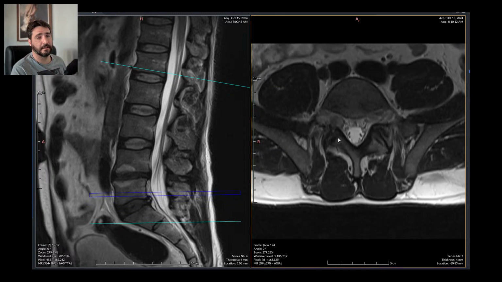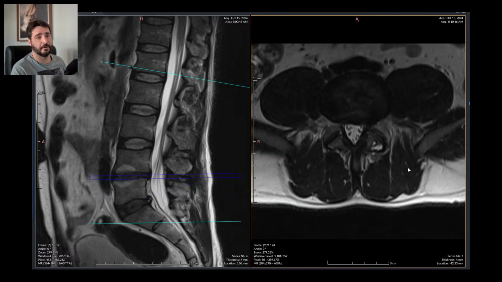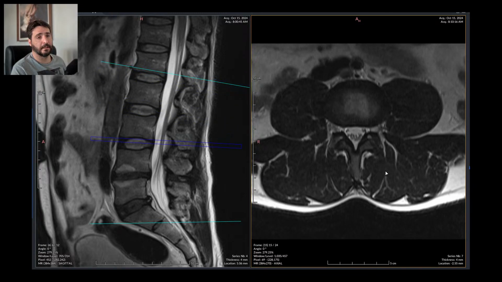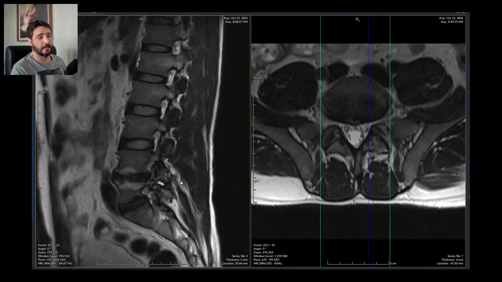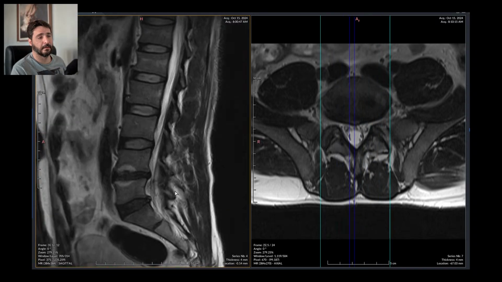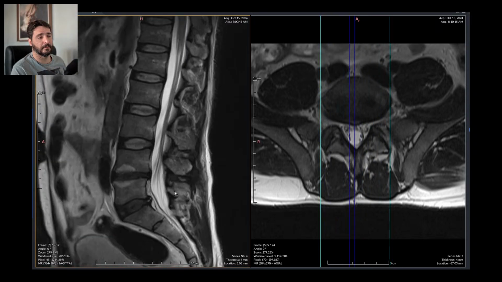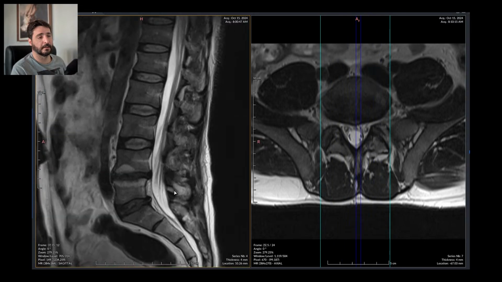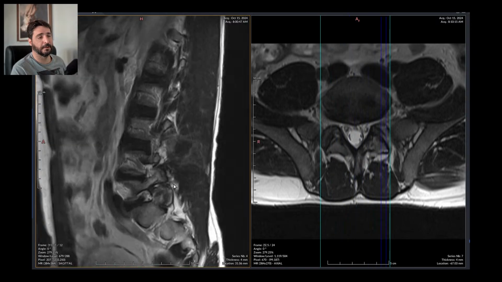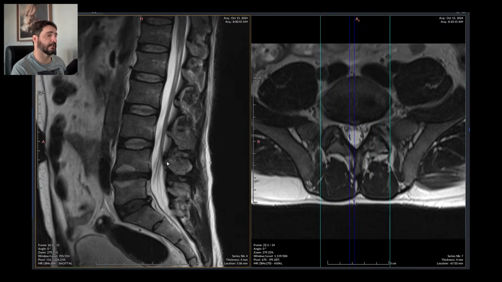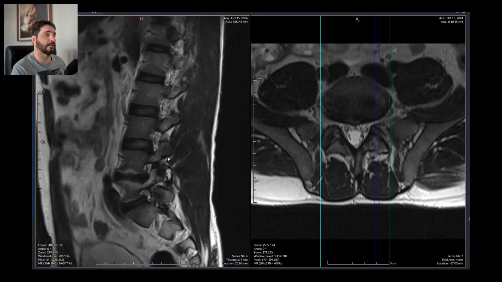I can say there is moderate arthrosis with bilateral spondylolysis, no signs of listhesis, so the bodies are well placed. Yes, it's going to be eventually a case of spondylolisthesis, but not today, not in this exam.